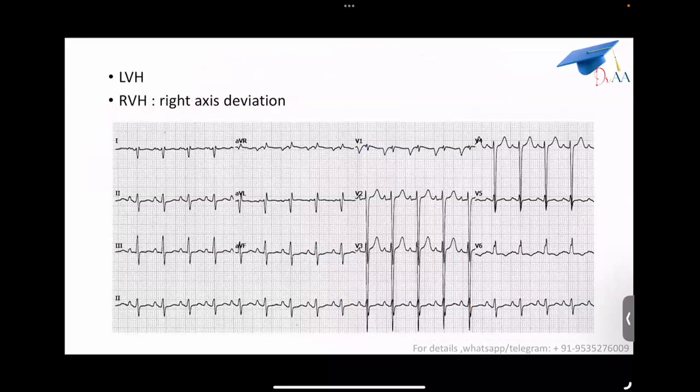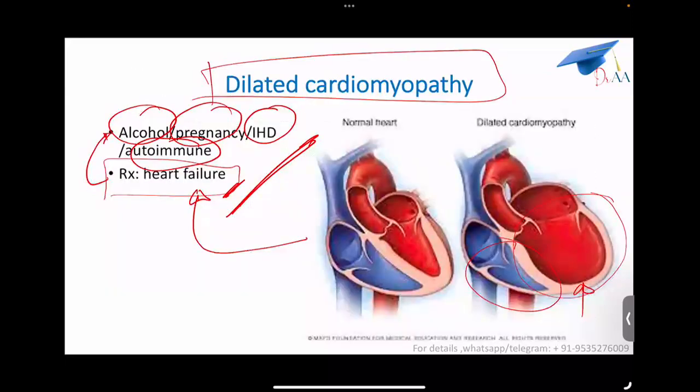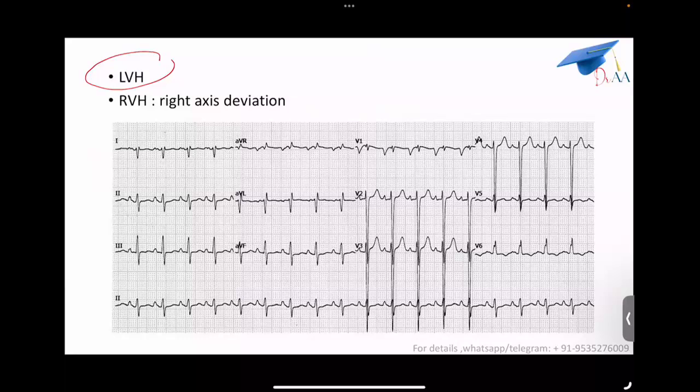Because both ventricles are dilated, there is right and left ventricular hypertrophy. Features suggestive of left ventricular hypertrophy are predominantly seen. For the voltage criteria, you can see here, it satisfies the voltage criteria. It is more than 7 large boxes from here to here if you count. And this one also, if you include, it will be more than 7 large boxes. So according to our ECG class, it satisfies the voltage criteria for hypertrophy.